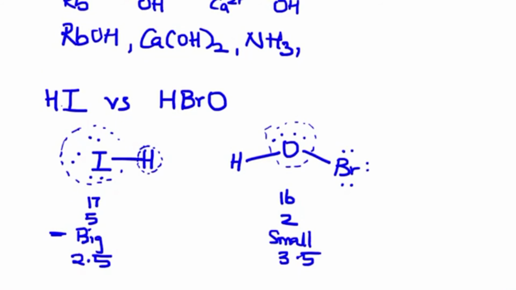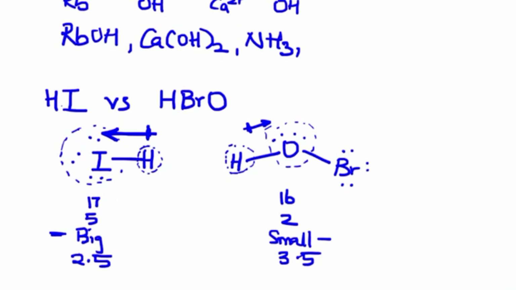So as a result of that, the inductive effect is way stronger going towards this particular iodide right here, making the bond weaker versus that of oxygen, which has a smaller size, generating a better orbital overlap with the hydrogen and the stronger bond, resulting in a smaller inductive effect right there.